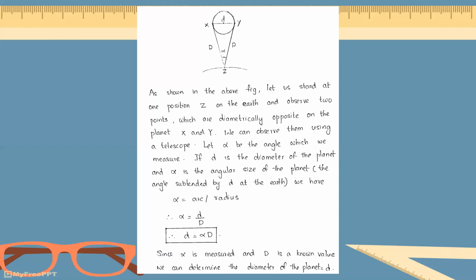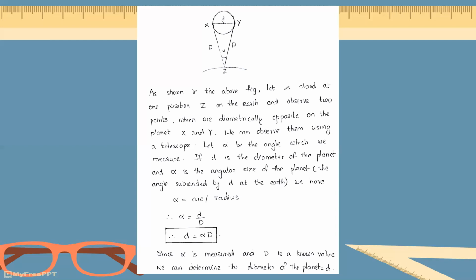Now, let us assume alpha is the angle between these two positions which we have observed. That means alpha is the angle which we measure between these 2 points x and y from the point z.